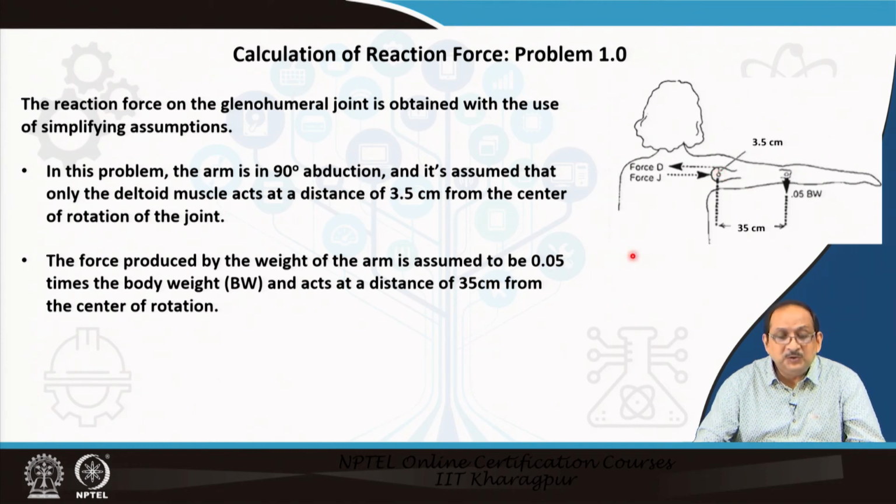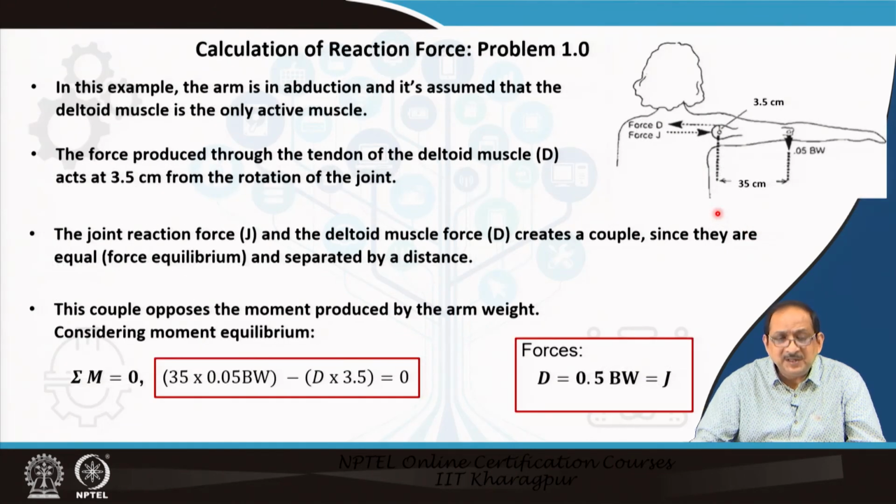The force produced by the weight of the arm is assumed to be 0.05 times the body weight and is acting at a distance of 35 centimeter from the center of rotation, as indicated in the figure. Now, in this example, the arm is in 90-degree abduction, and it is assumed that only the deltoid muscle is acting in this situation.